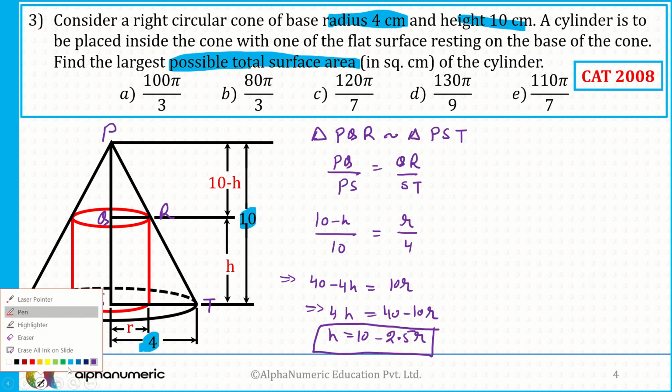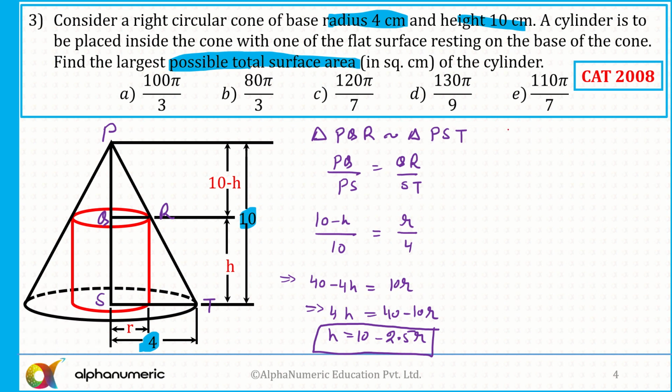Now we need to find out the total surface area. So what is the formula for the total surface area? The largest possible total surface area of a cylinder. The total surface area of a cylinder is simply equal to 2 pi RH plus 2 pi R square.